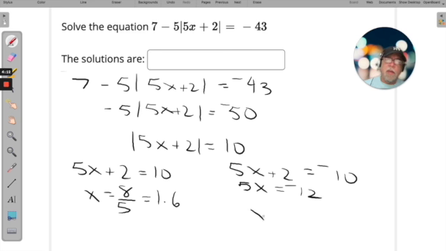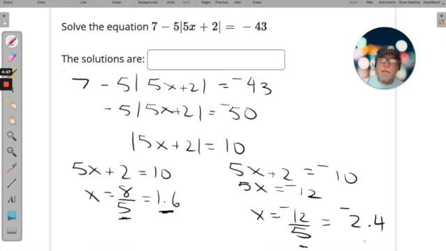Yep. So x will be negative 12 over 5, which would also be negative 2.4. Again, it should take either one. It shouldn't matter which version you give it, whether it's fraction or decimal, because the answers are equally valid. They're both the same number, just in two different forms.